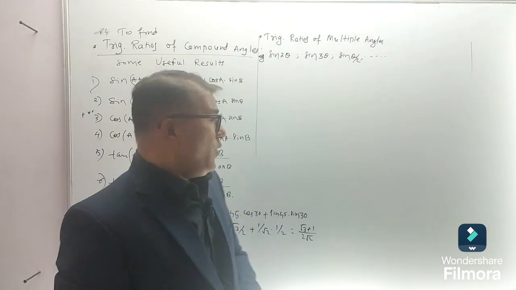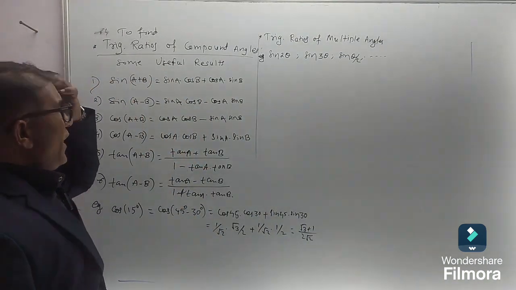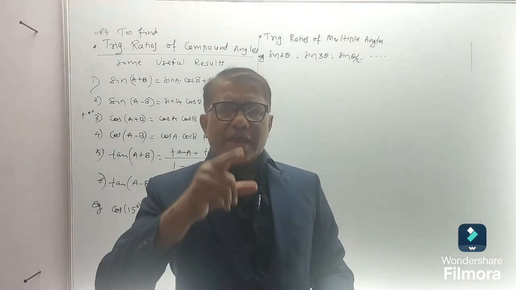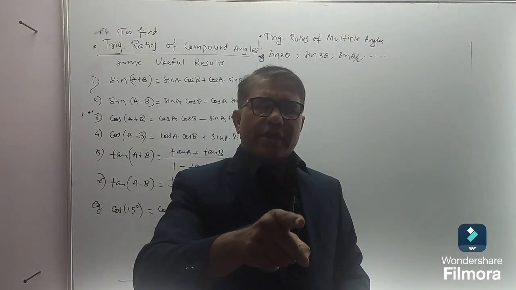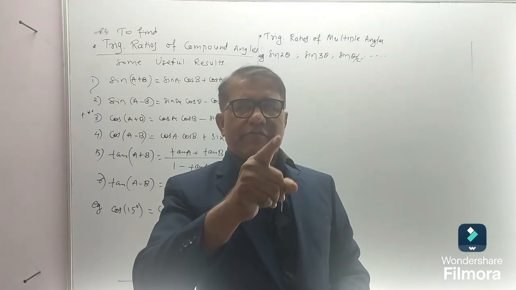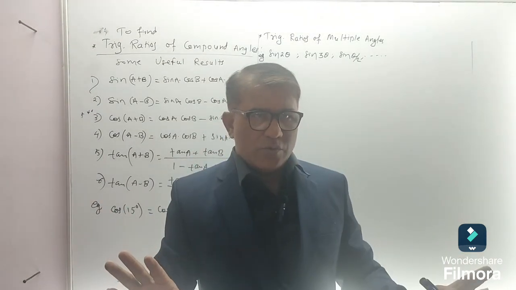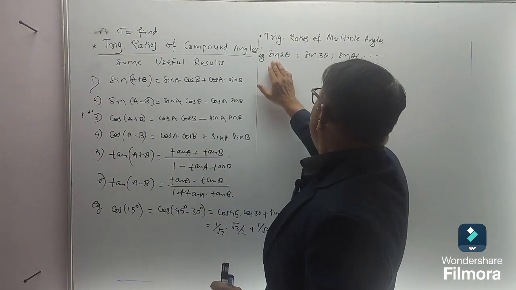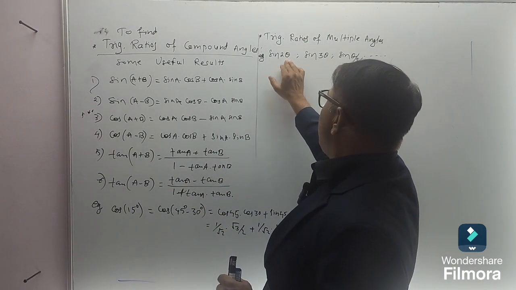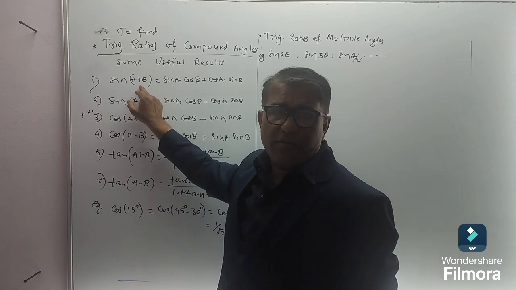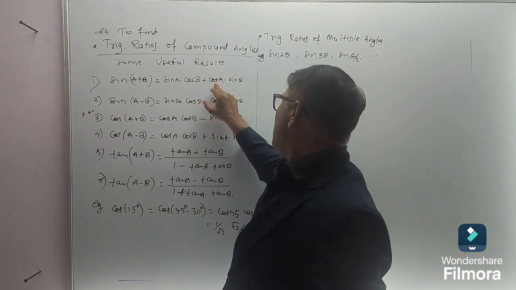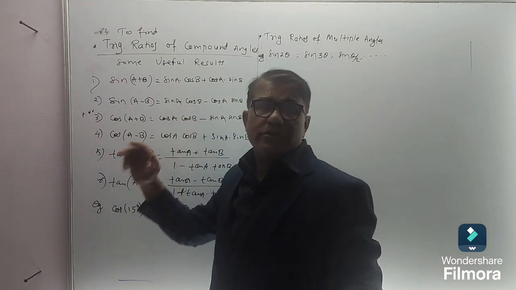To find this type of angle, sine 2 theta, the angle may be theta, it may be A, B, C, D, alpha, beta. Don't worry. If I write here sine 2 theta, then it is sine of theta plus theta. Then what becomes? Sine theta cos theta plus cos theta sine theta, which means sine 2 theta.